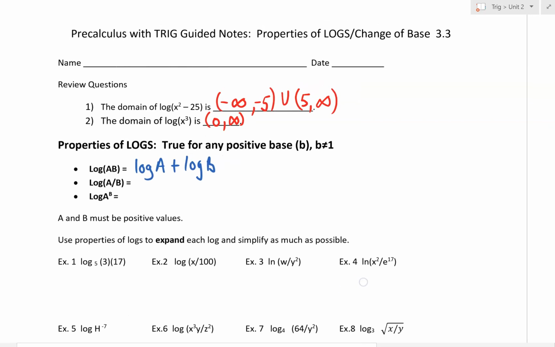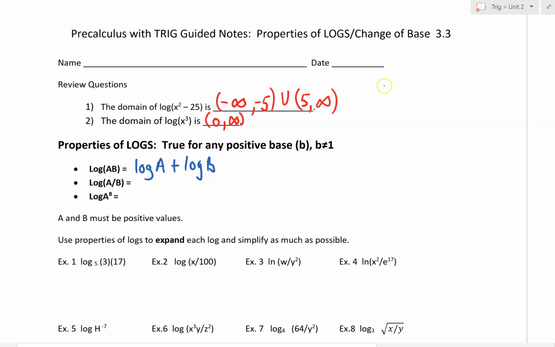Now, where does this come from? Well, if we think about it, the answer to any log, if I say log base 2 of 8, the answer would be 3. And 3 is really the exponent. So any log function, the answer is going to be an exponent.